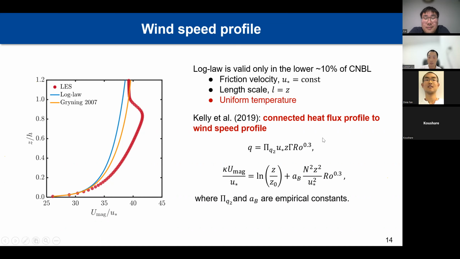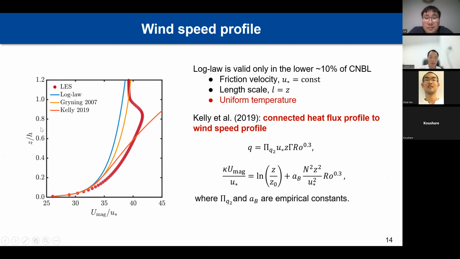First, they proposed a profile for the heat flux, and then based on this heat flux and dimensional analysis, they proposed such a model for the wind speed profile. Okay, and here is the performance of the Kelly model.